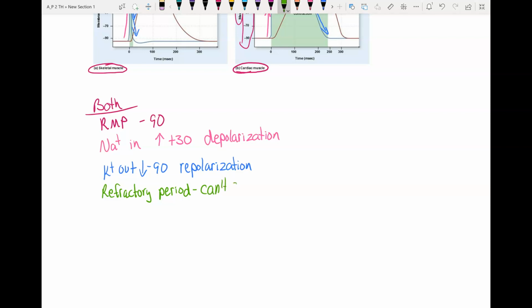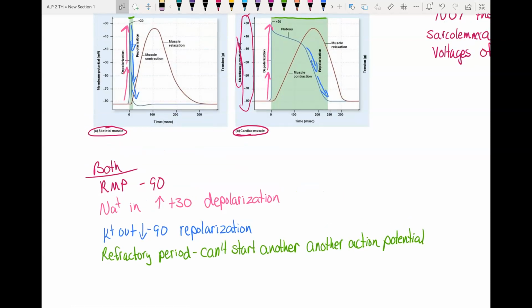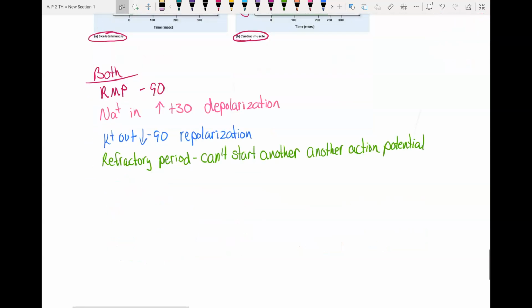So you can't start another action potential during the refractory period, because the sodium gates are locked and they don't open back up until you return to your resting membrane potential.